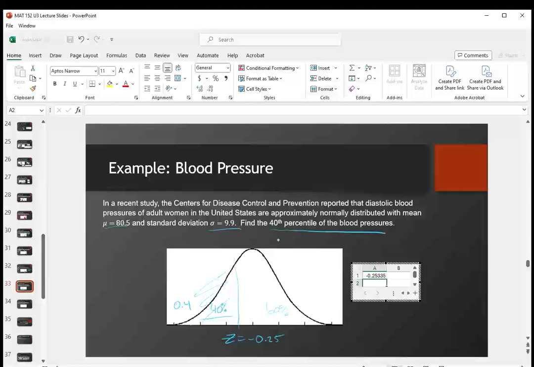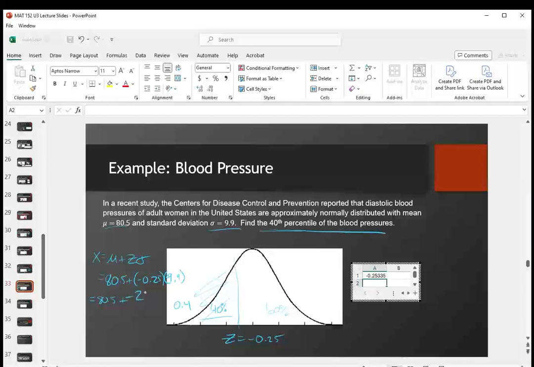And then again, to calculate the blood pressure value, to find x, it's going to be the mean plus z times sigma, or the z times the standard deviation. So 80.5 plus negative 0.25 times 9.9. 80.5 plus something minus something.